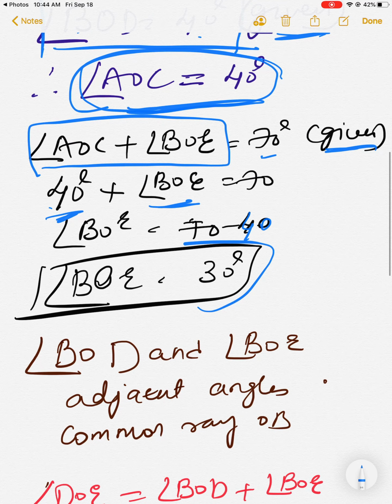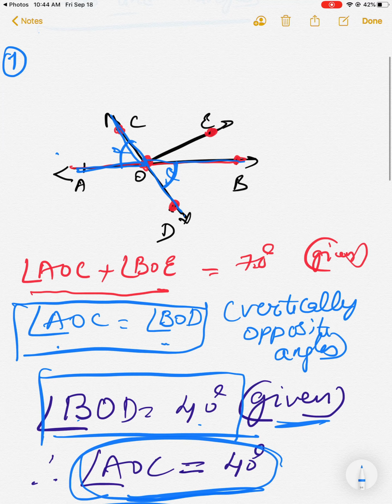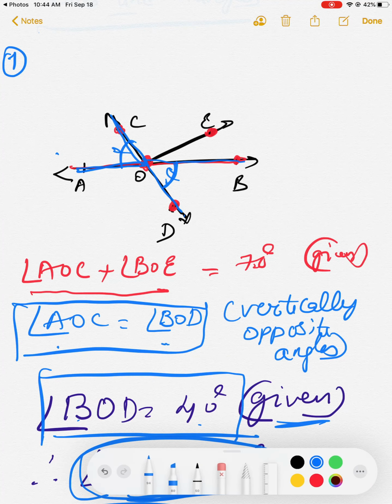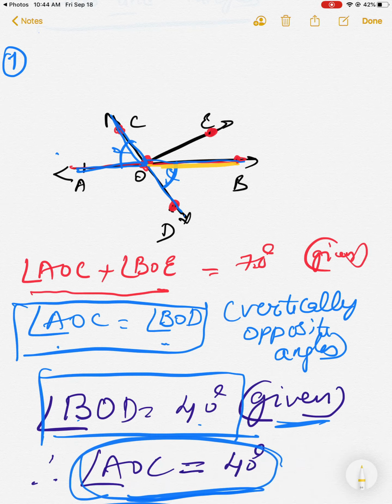Now BOD and BOE are adjacent angles. This is BOD and this is BOE. So they are adjacent angles. They have a common arm OB.